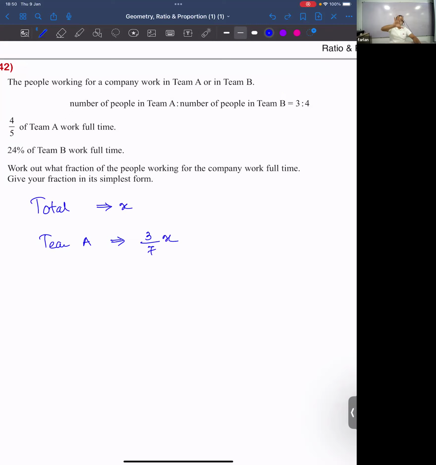So that means the number of people in team A is 3/7, and the number of people in team B is 4/7. So the number of people in team B will be 4/7 of X. Agreed?